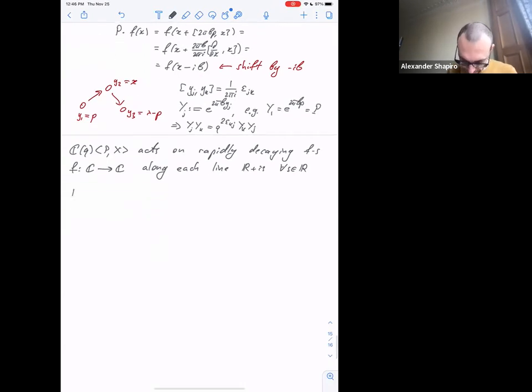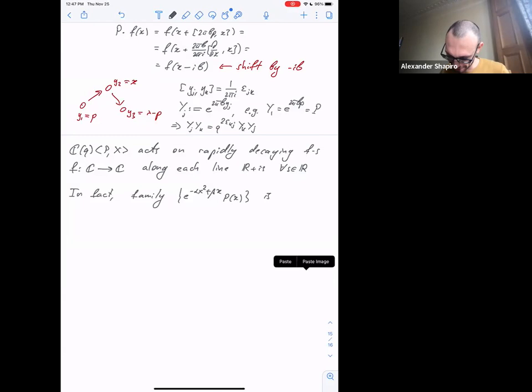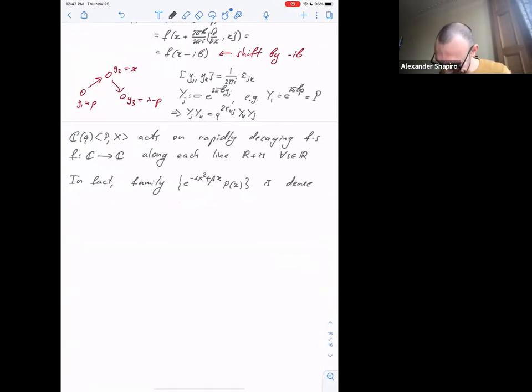In fact, to be more precise, this family of functions of the form e to the minus alpha x squared plus beta x times p of x is dense in our space of functions.